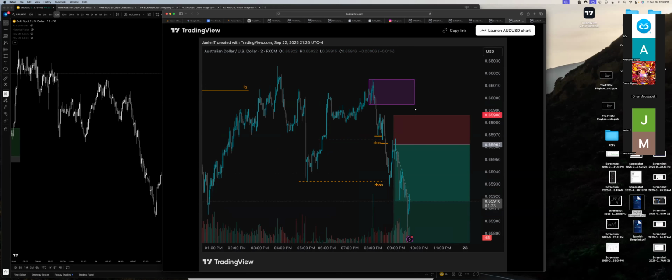Yeah, I really like this trade, only because of the liquidity. This liquidity is kind of dictating to you where the market wants to go, and then you just take the continuation after that. I have high confidence, high conviction on this type of entry. I don't know if this is a model.